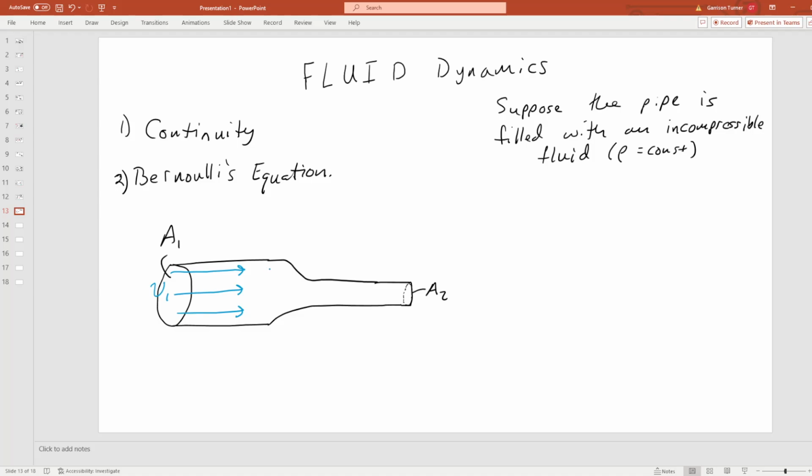And then as the pipe constricts, it then starts to flow with a new velocity, v2.